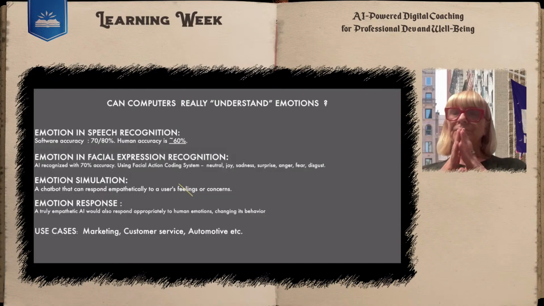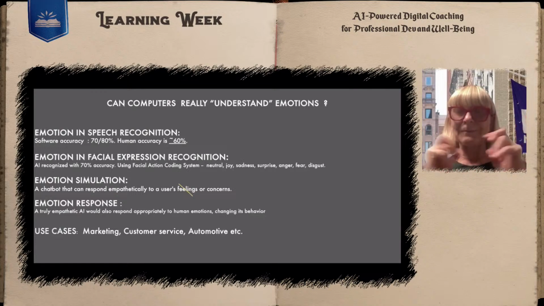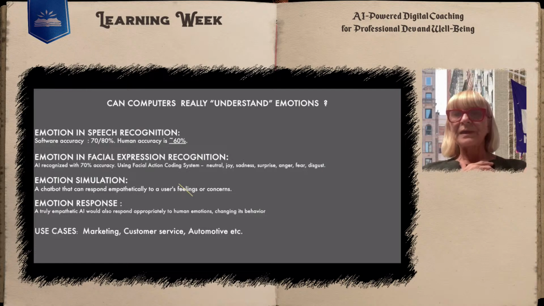In fact, what we are finding is the well-trained AI could be even better and more accurate in recognizing emotions. For example, in speech, whether you are speaking in an angry voice, tired, or whatever, the accuracy of software identifying what kind of emotional state you are in, as opposed to human recognition, is higher.